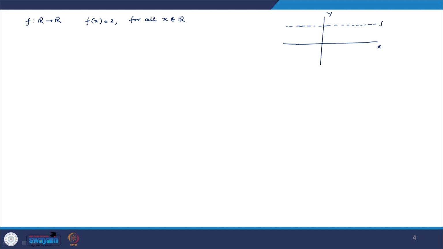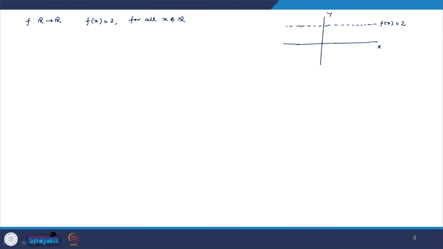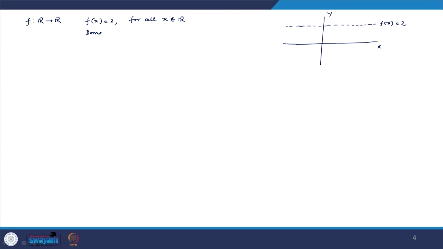This is f(x) equal to 2. So, what is the domain and range of this function? Domain is the entire real line, R, of course, because everywhere it is defined. And what is the range of this function? The range of this function is the singleton set {2}.